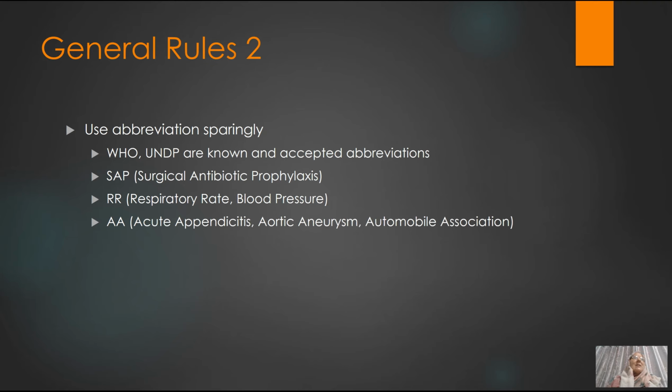And AA can stand for a load of different things, such as acute appendicitis, aortic aneurysm, Automobile Association, and other examples as well. So it is always important to avoid such conflicting and confusing abbreviations.